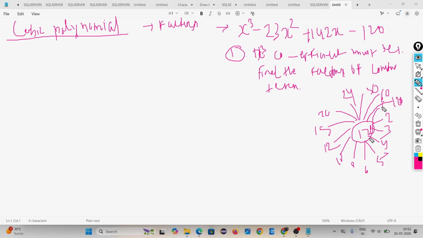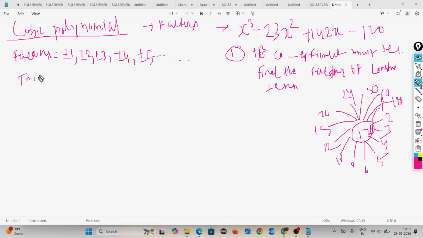Okay, these are the factors. So write down all the factors, and while writing take both plus and minus. Plus minus 1, plus minus 2, plus minus 3, plus minus 4, plus minus 5, and so on. Then trial. This is called trial.